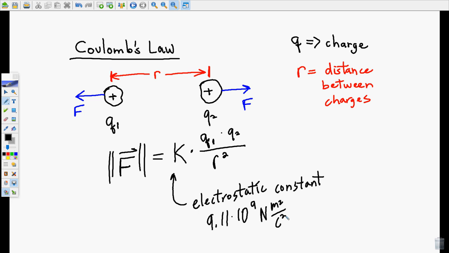And since the electrostatic constant K is in newtons times meter squared over coulomb squared, when you use this formula, the charge has to be in coulombs, and the distance between the charges has to be in meters, so that the coulombs cancel out and the meters cancel out, and you're left with newtons equals newtons.